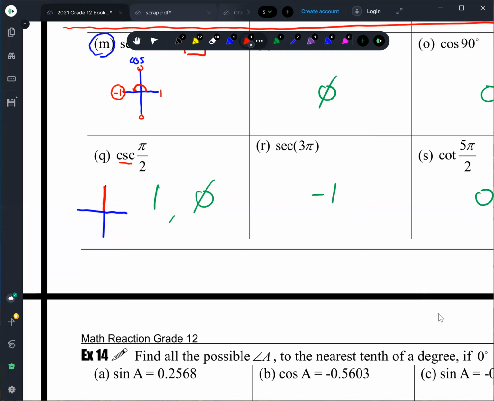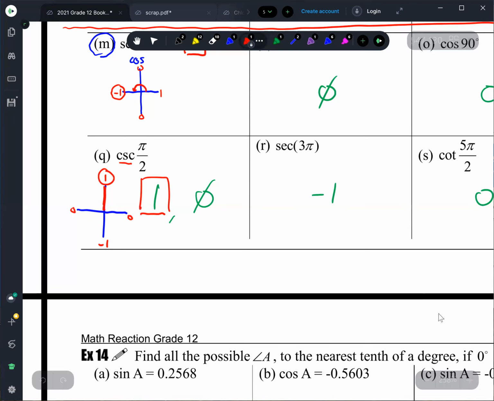So sine, it will be 1, -1, 0, 0. Now we want to do cosecant, so we need to reciprocal. We need to flip the 1. When I reciprocal the 1, it will still be 1, right? Because 1 over 1 is 1, right? If you flip 1 over 1, it's still 1 over 1. Okay, so answer should be 1.